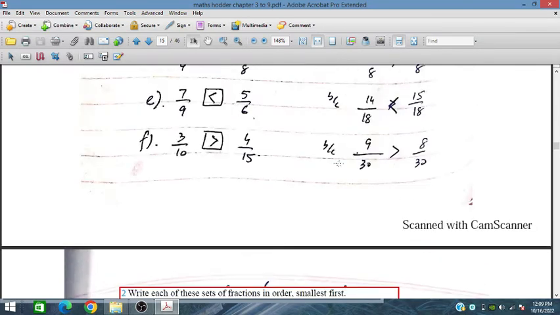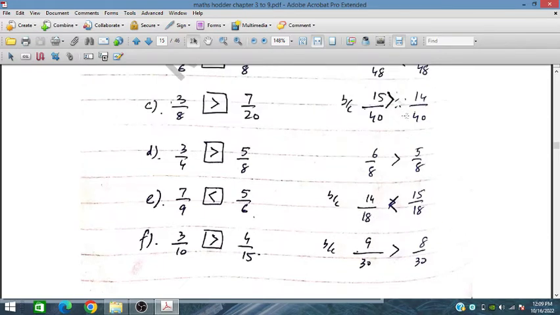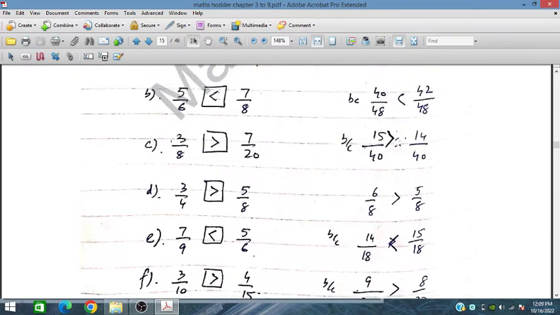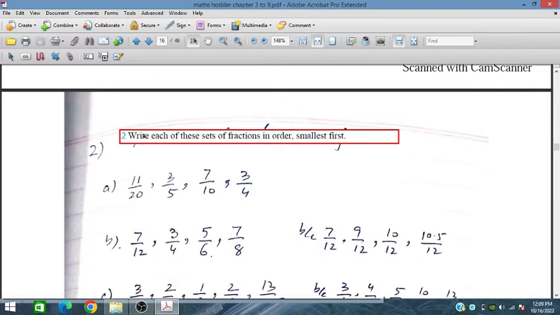Make the denominator the same, and you can easily compare. So everywhere we have made the denominator the same. According to the proportion and ratio discussed earlier, write each of these sets of fractions in order, smallest first.